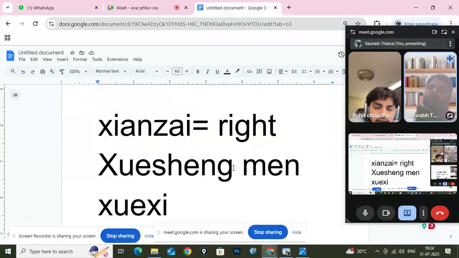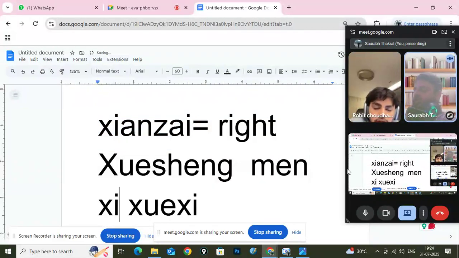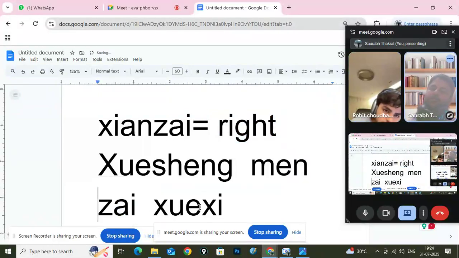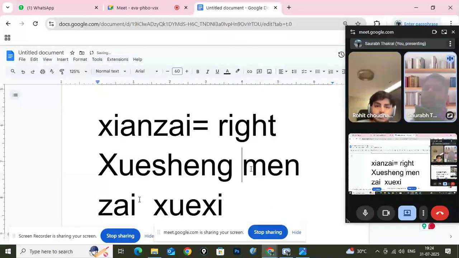So this can be placed here. Xueshengmen, students, xianzai xuexi. So this becomes our additional detail of time. Students are right now studying. And this xianzai can be shortened into zai also. That also tells us an ongoing action. So xueshengmen zai xuexi or xianzai xuexi.